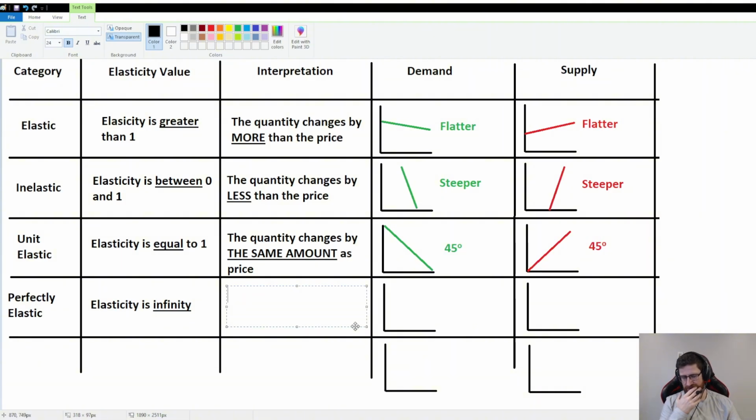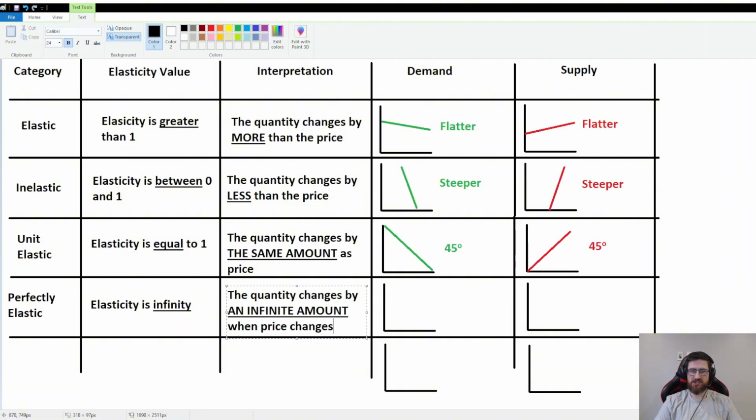This one in particular, the other case we're going to talk about, there are some things. But let's think about what this actually means. This means that the quantity changes by an infinite amount when price changes.